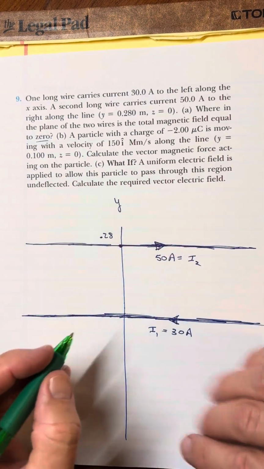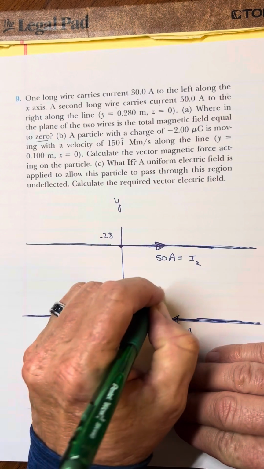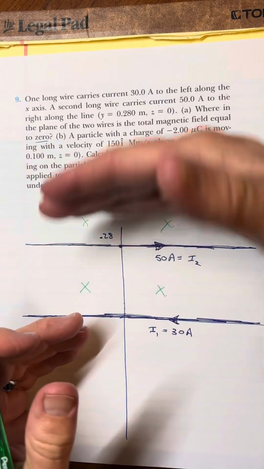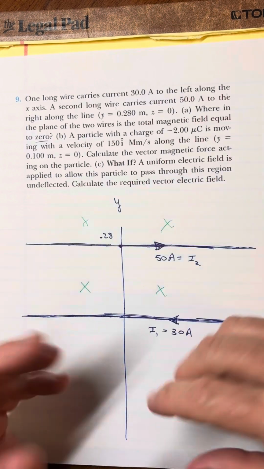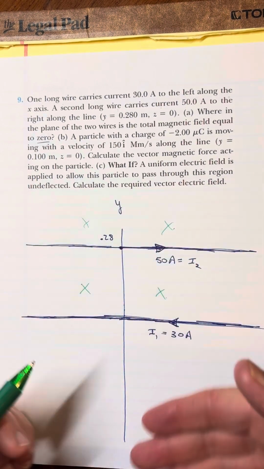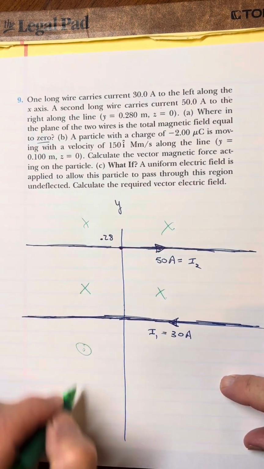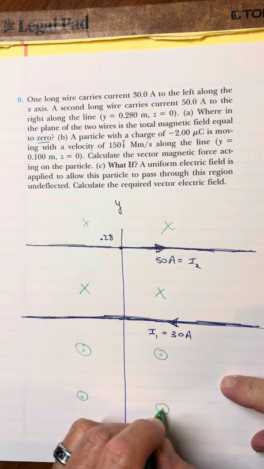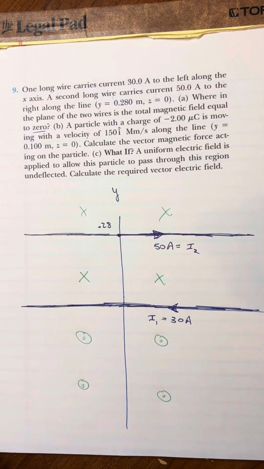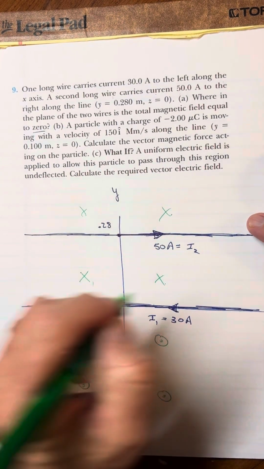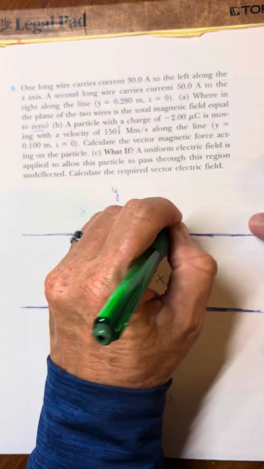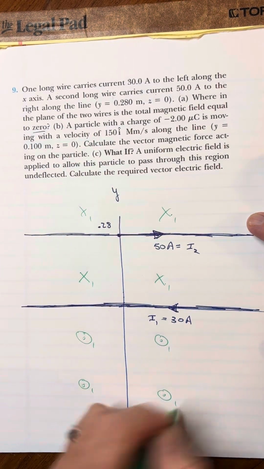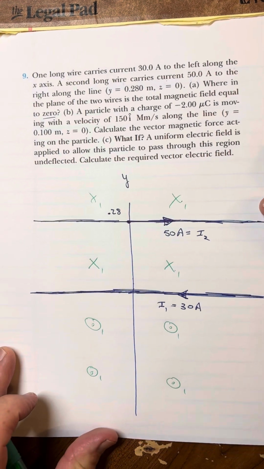Going in we represent with an X, so all these spots above wire number 1, the magnetic field goes in. And below, we represent the field coming out with a little dot. To indicate that this is coming from wire number 1, I'll put a little sub 1 under all of them.